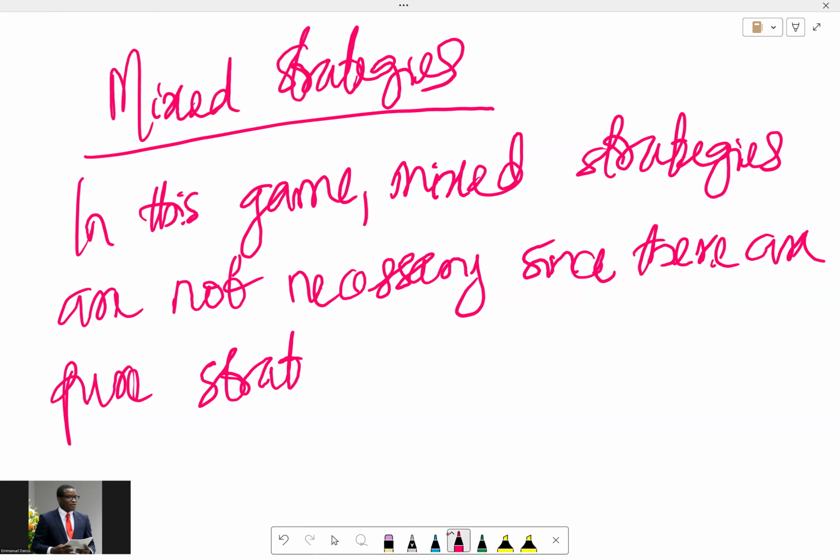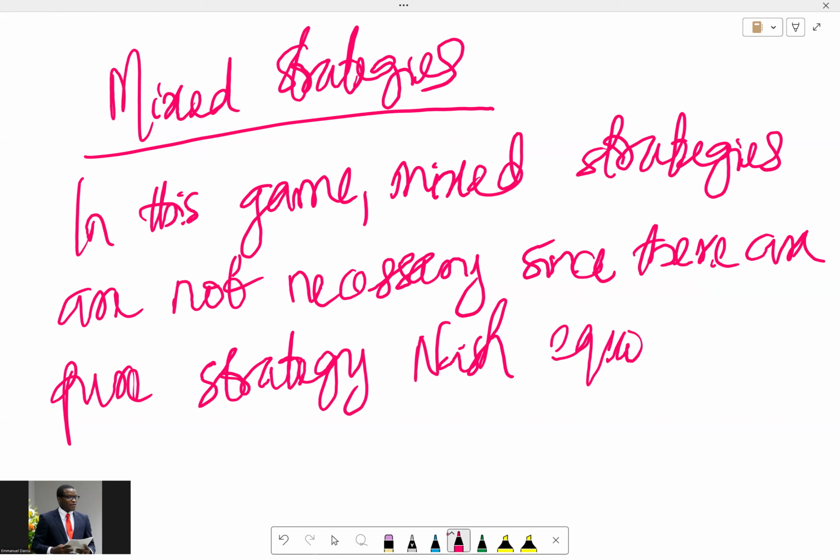So without introducing probability, we have our Nash equilibria.